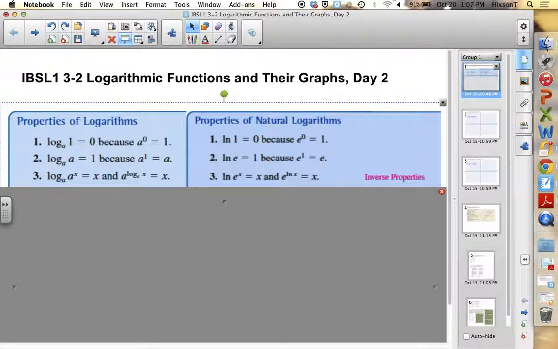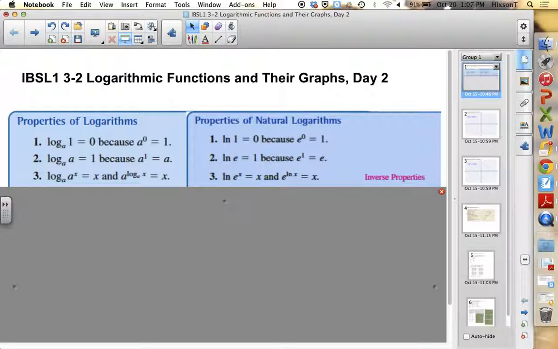Here, you would have to raise a to the x power, then the logarithm takes you back to x, right? Here, you're taking the logarithm first, then the exponential takes you back to x. Alright, either way, you're starting with x, you end with x because they're inverses. Okay?